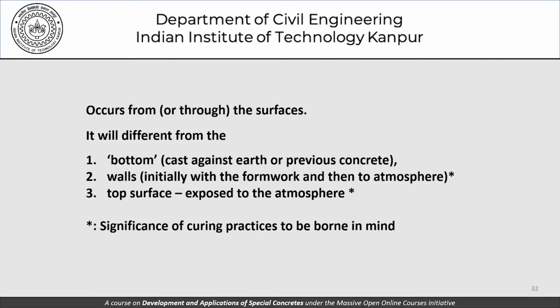Now in both these cases, that is the walls and the top surface, we need to significantly understand the curing practices, because curing practices can help us control the temperatures in the walls and in the top surface. They cannot help us much with the bottom temperature, but the walls and the sides, yes.